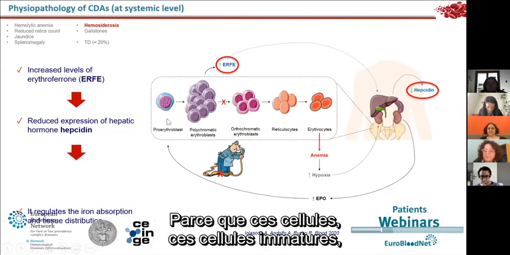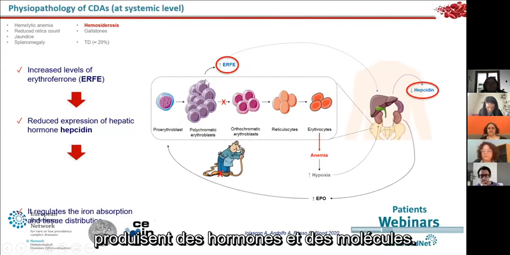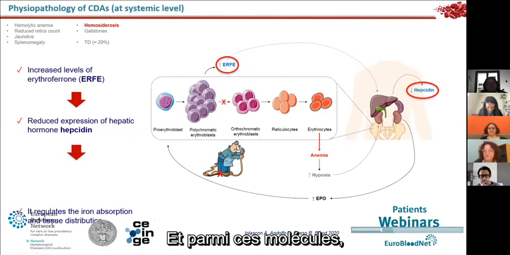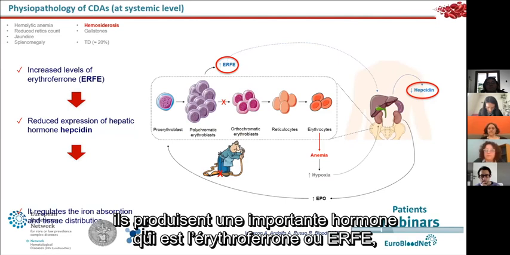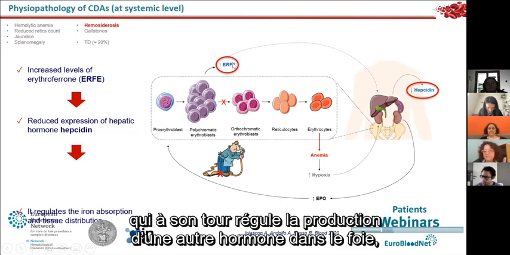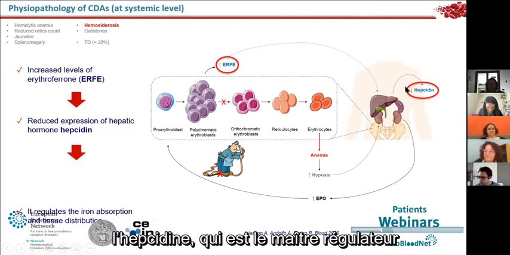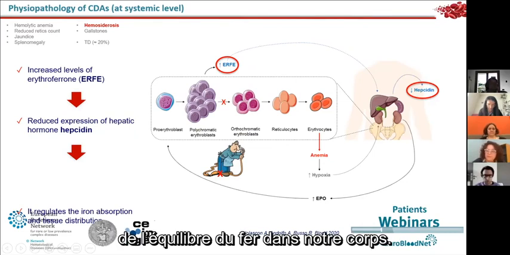Because these immature cells produce some hormones and molecules, and among these they produce an important hormone that is termed erythroferrone, or ERFE, that in turn regulates the production of this other hormone in the liver, that is hepcidin, that is the master regulator of iron balance in our body.